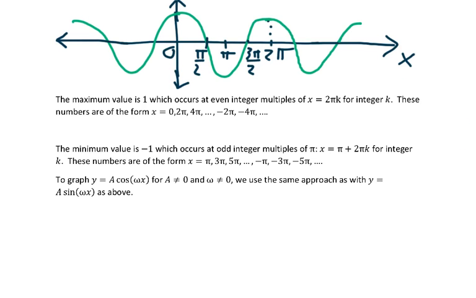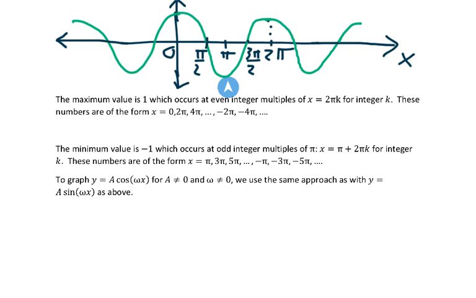Okay, so we could also list where the maximum of 1 and the minimum of -1 occur. Basically what you do is you just see what's happening in the interval from 0 to 2 pi, and then you just keep on adding and subtracting 2 pi, because again, it's 2 pi periodic. So for instance, here at pi, we get a minimum of -1.